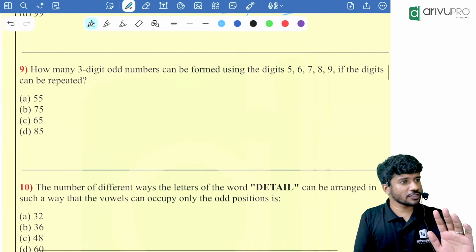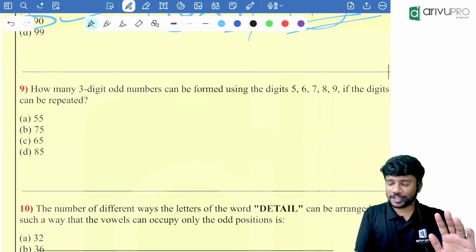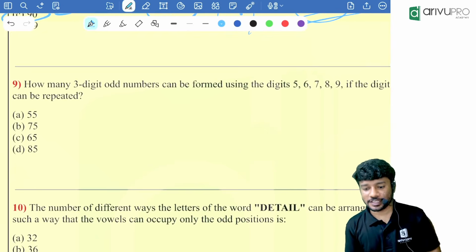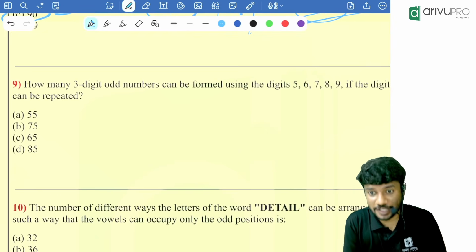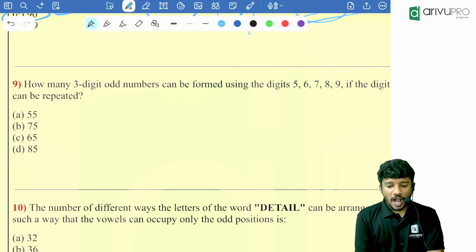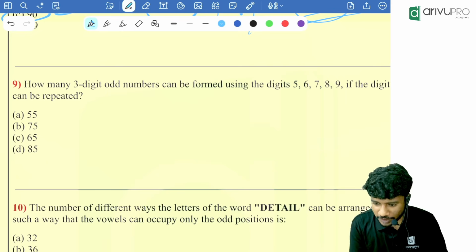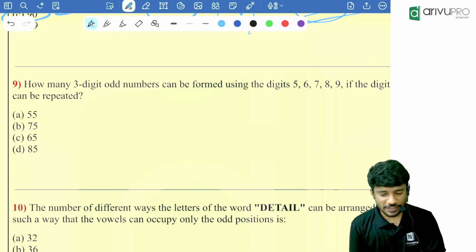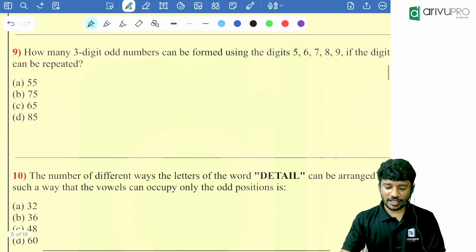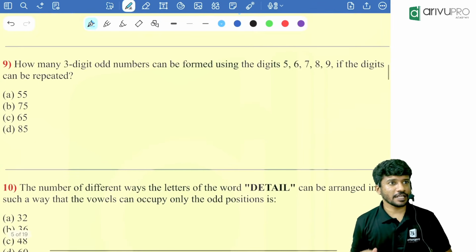One standard knowledge is required for the next question. Otherwise, you will not be doing it. Jayasri, you got it? Yes. How many odd numbers can be formed using the digits 5, 6, 7, 8, 9? Okay, that is the question.